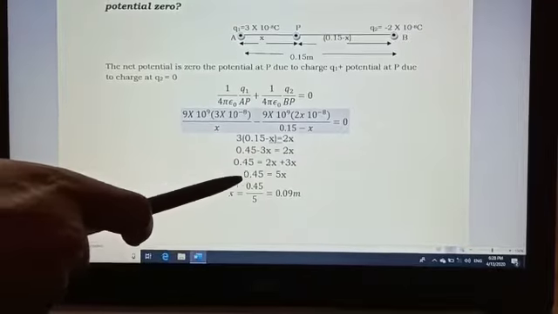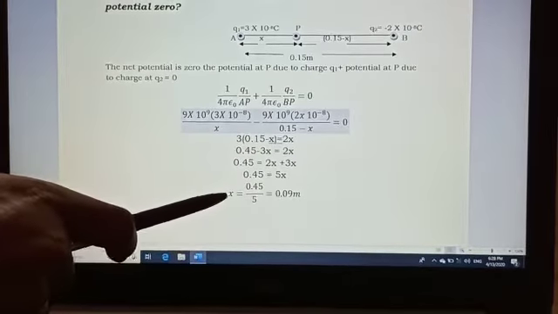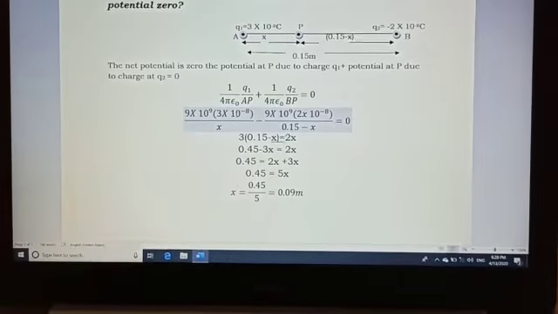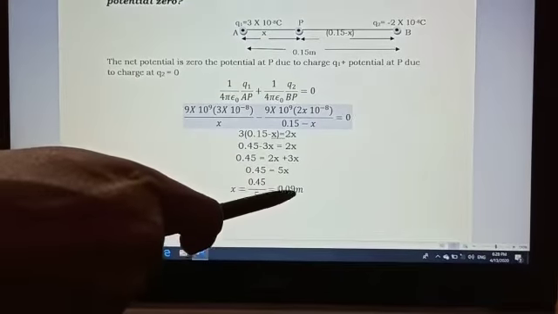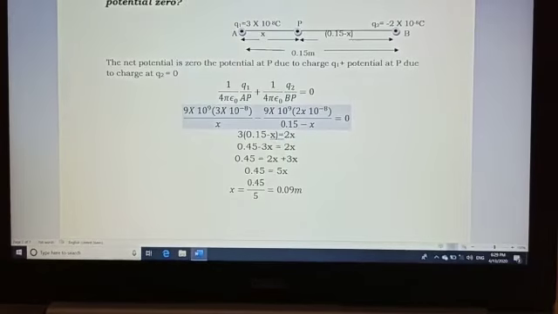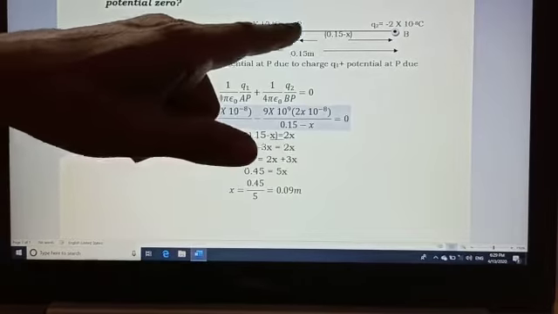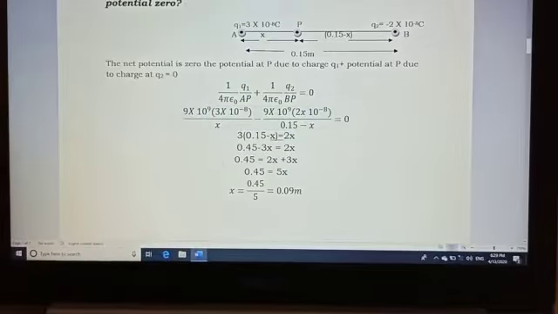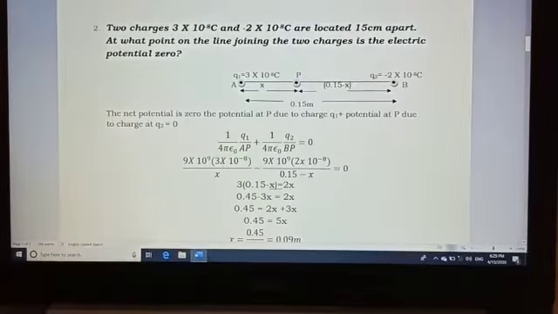On simplifying, you can find x. x is equal to 0.45 divided by 5, which is 0.09 meters. So this distance x is equal to 0.09 meters. So this is the second problem.